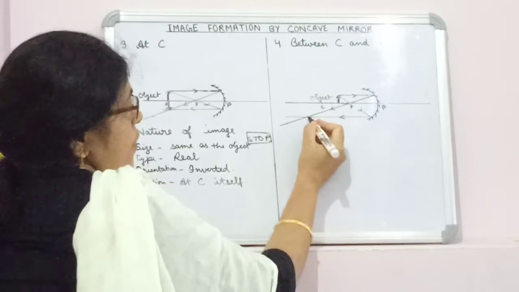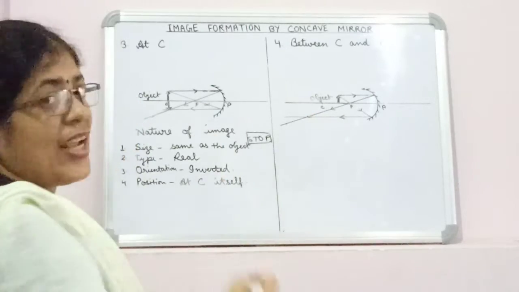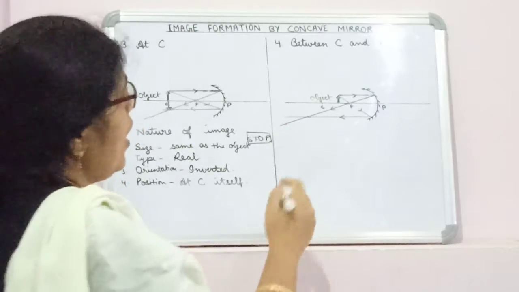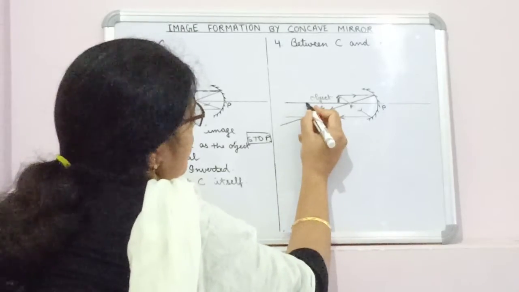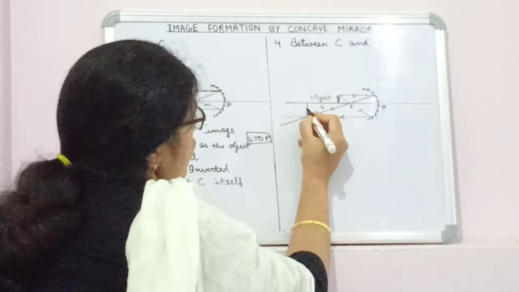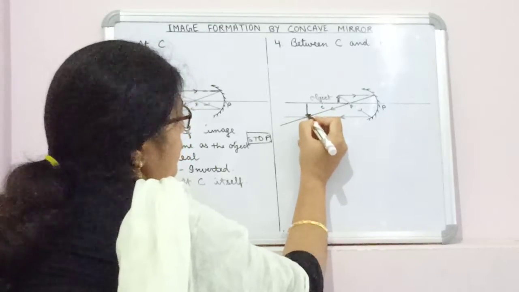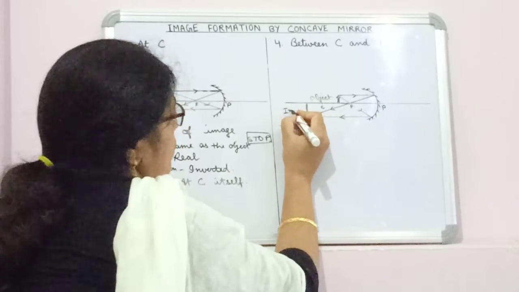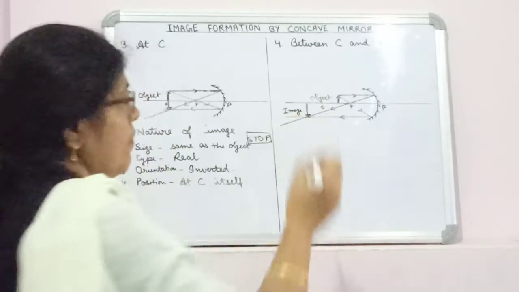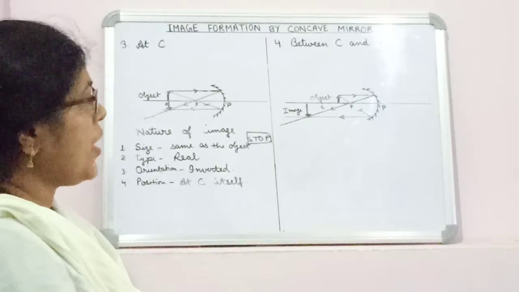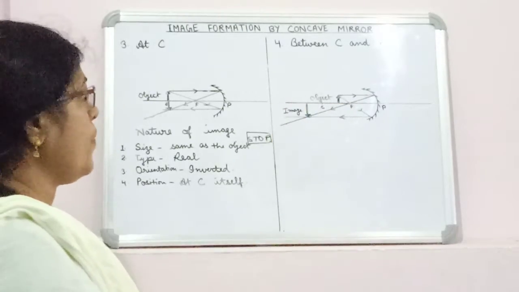Here we have the actual intersection of the reflected rays, and we will have the image of the object in this position. This is the image. It's very clear that the image is forming in front of the mirror.